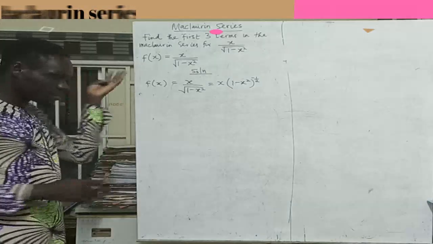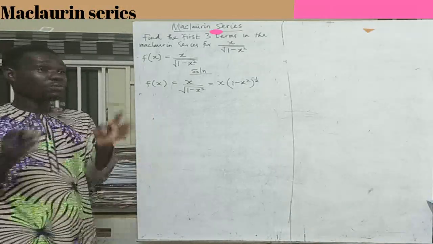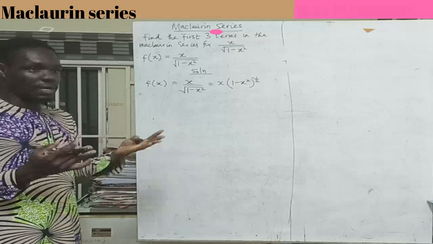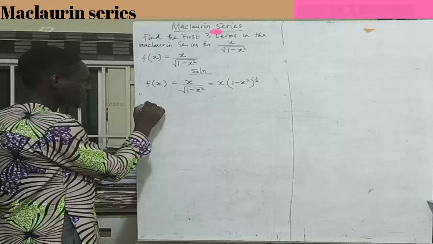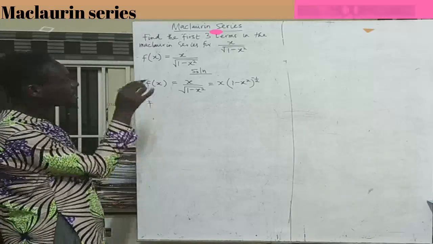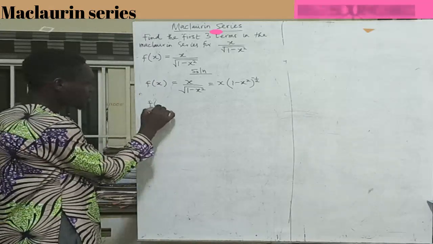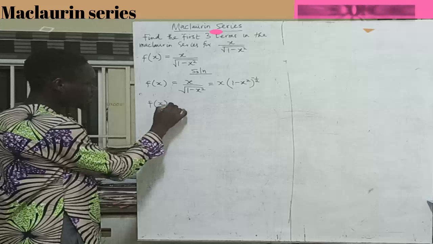Now, from the Maclaurin formula that we derived in the last class, for the case of three terms, we're going to have something like this.